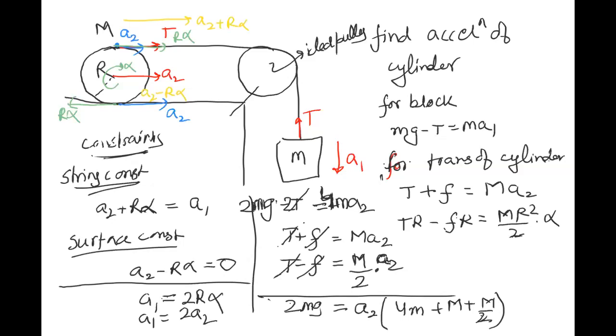Therefore, a2, which is what we have to find, is equal to 4mg upon 8 small m plus 3 capital M.